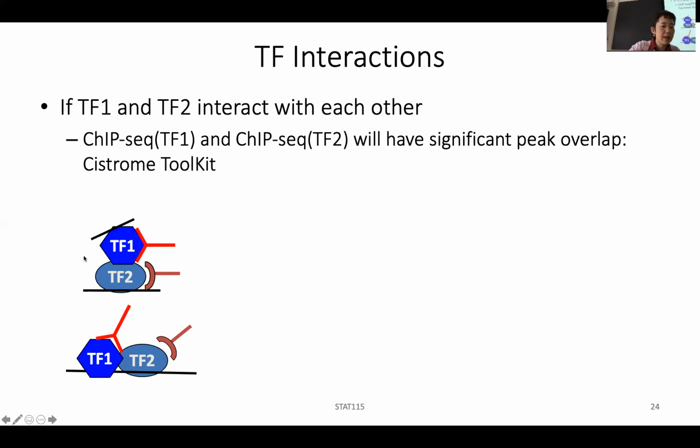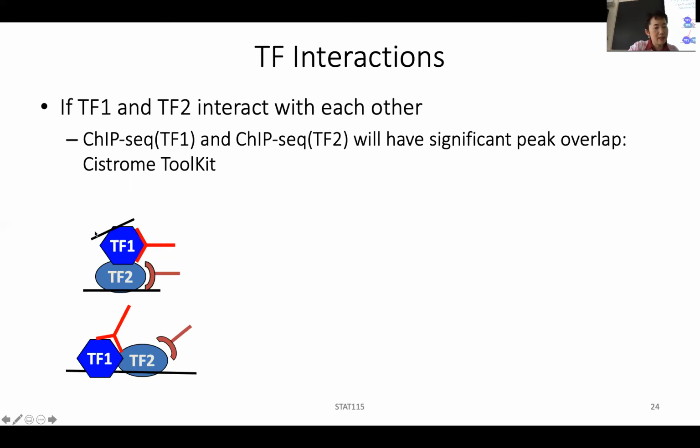And then when you sonicate, this will be sonicated into shorter pieces. And so when you sequence the data out, you might notice, for example, that within this peak it has the motif of TF1. It also has the motif for TF2.